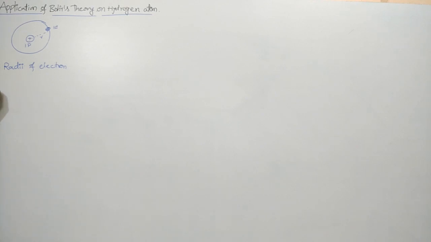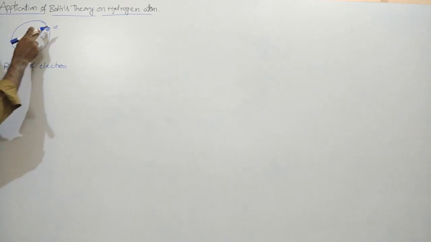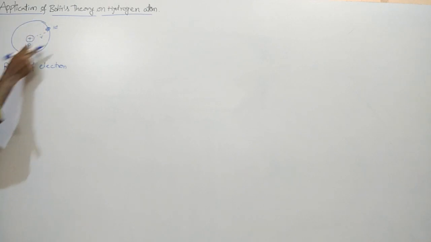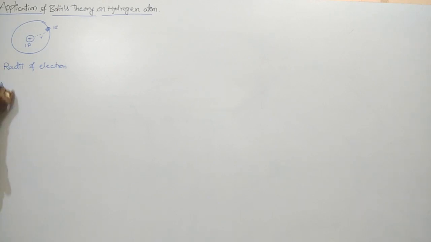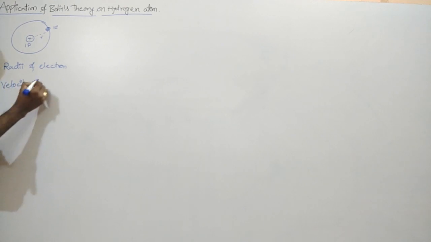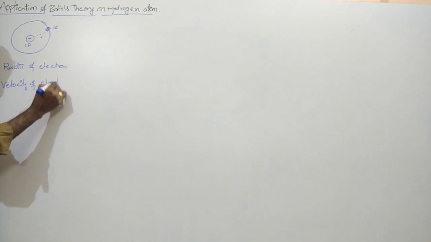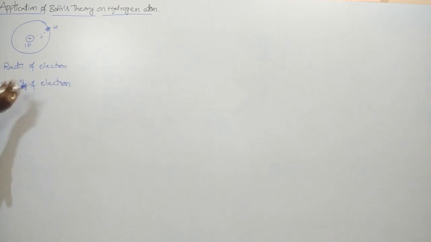Second, when the electron is revolving in a stationary orbit, it should possess some velocity. That means we need to find out the velocity of the electron, how fast it is revolving.